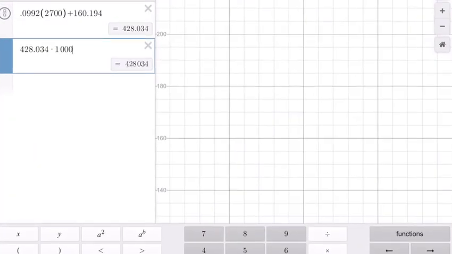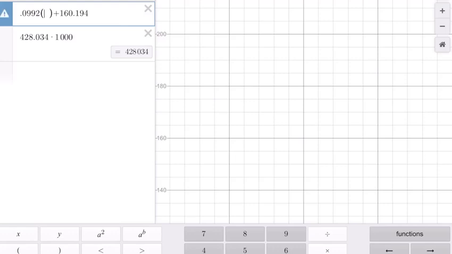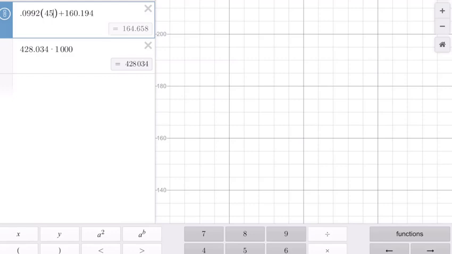I'm going to cheat. I'm going to go up to box 1 and change what was in the parentheses to 4,500.